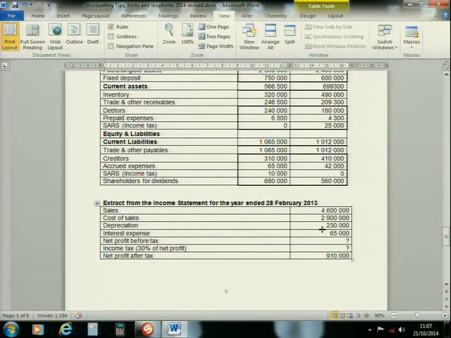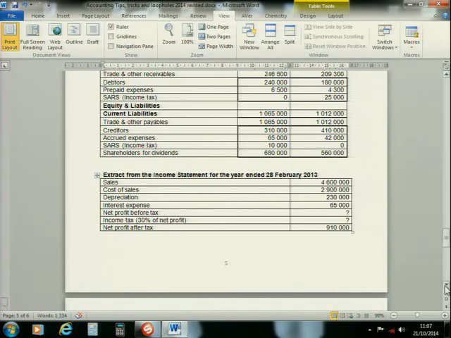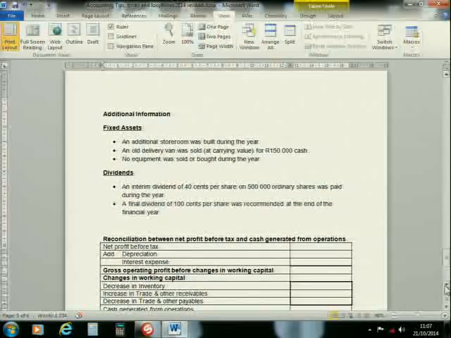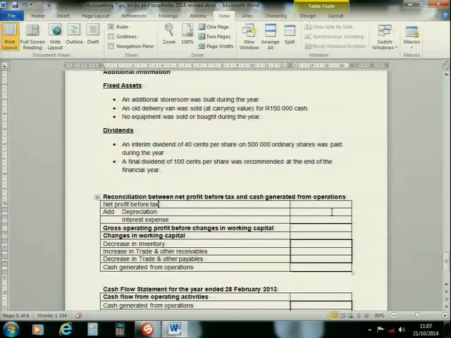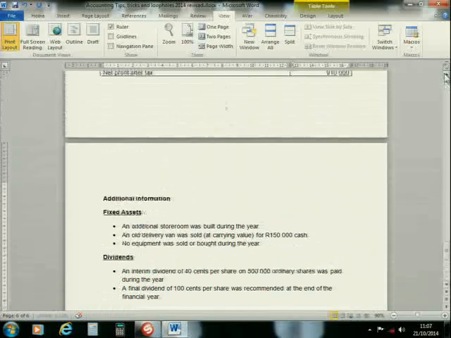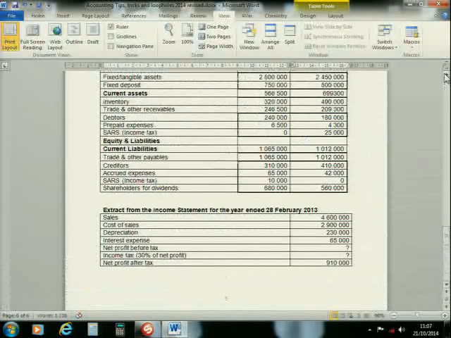I've got my depreciation, 230,000, and my interest expense, 65,000. Let's record those. And we are given net profit after tax, 910,000.